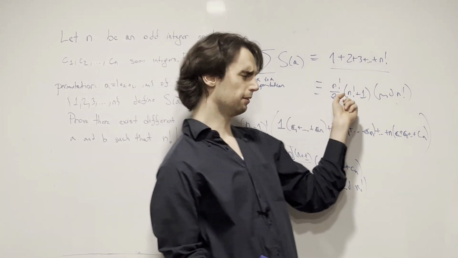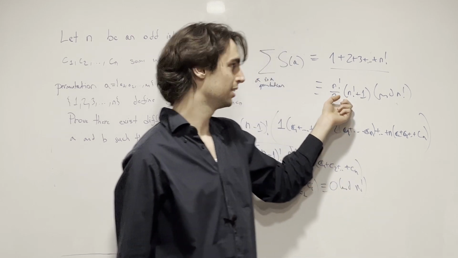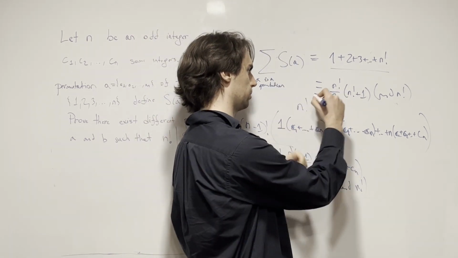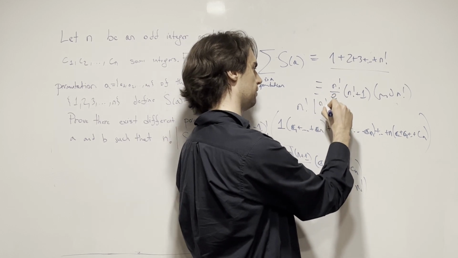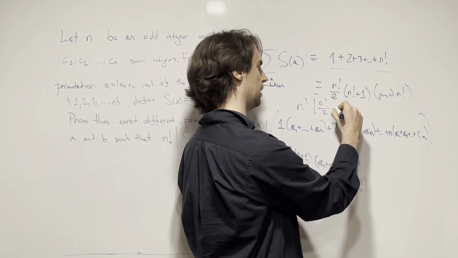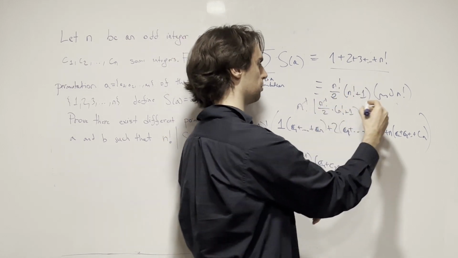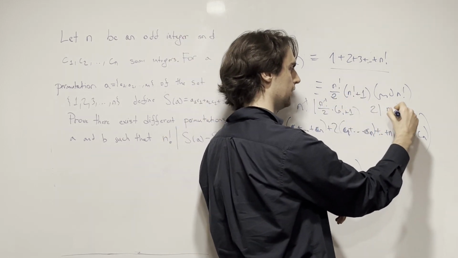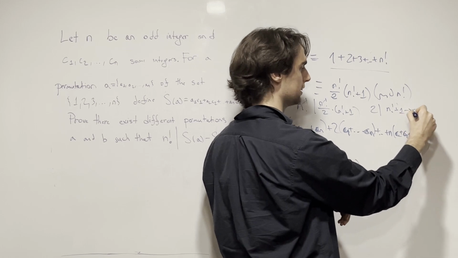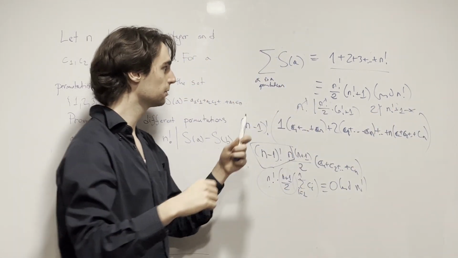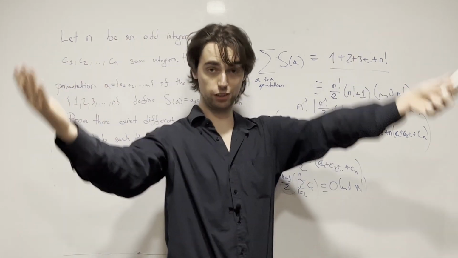On the other hand, does n factorial divide this? Well, if n factorial divided n factorial over 2 times n factorial plus 1, this would mean that 2 divides n factorial plus 1, which it does not. So n factorial doesn't divide this. We've come to a contradiction then.